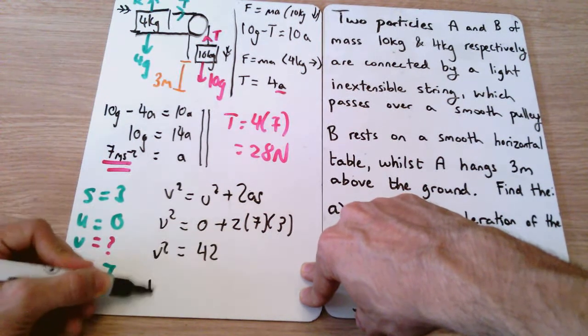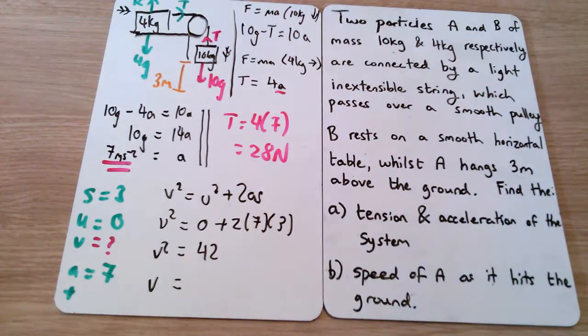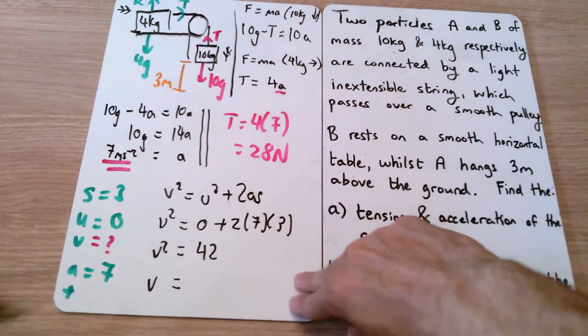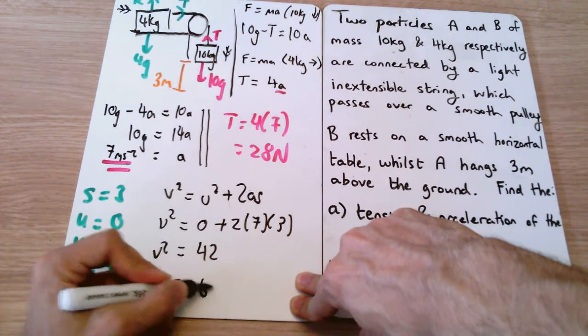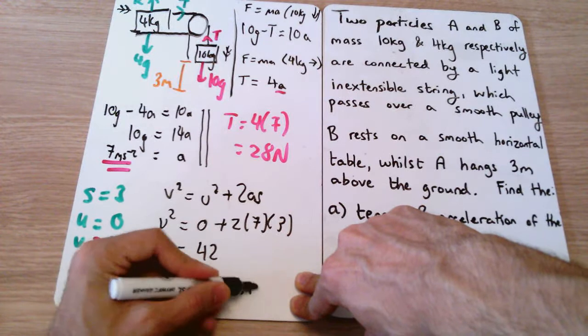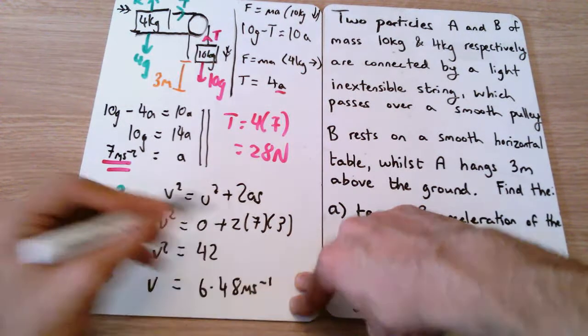That is v squared. Therefore, the velocity which A hits the ground with is the square root of 42, which is 6.48 meters per second. That is your final answer.